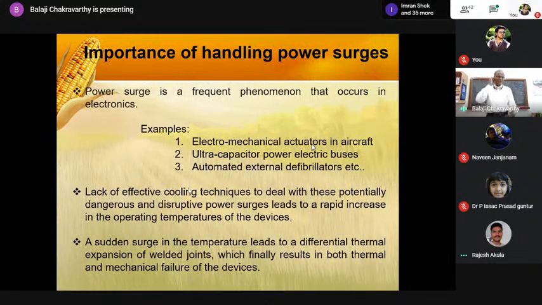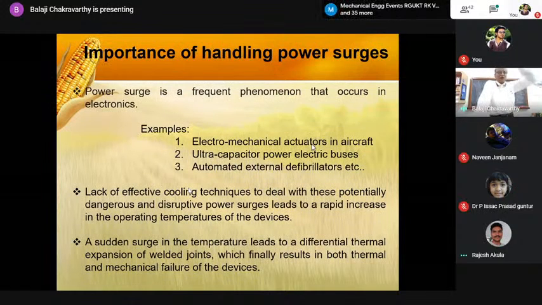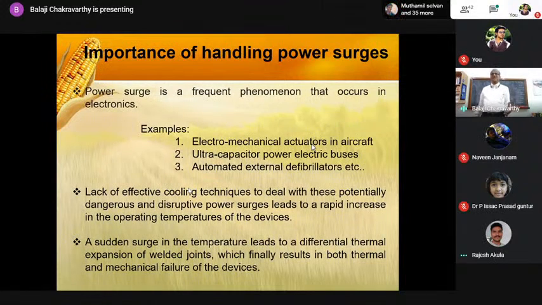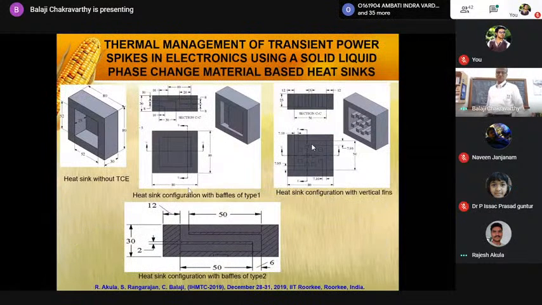So this is the thermal design. This is the control of electronic equipment. So within limits, whatever surge is taking place, you should be able to absorb it. It should not rapidly increase the temperature or cause violent fluctuations in the temperature, which is not good for the health of the equipment. Okay, that's what is written. Finally, this results in both thermal and mechanical failure of the devices.